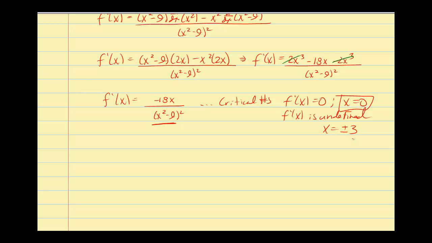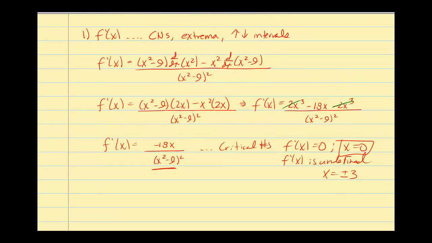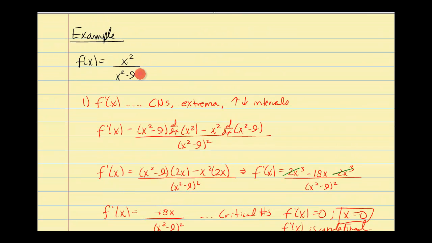Now these values of plus or minus 3 we should talk about a little bit as well. If we look up here in our original function, right away I know I have vertical asymptotes at x equals plus or minus 3 because that function is undefined. So if I can identify something like vertical asymptotes right away, that'll be really helpful.